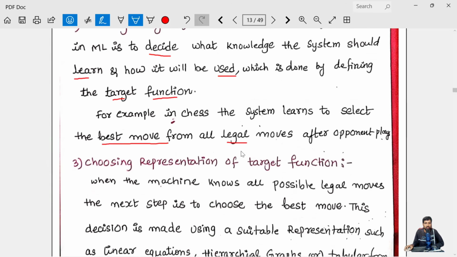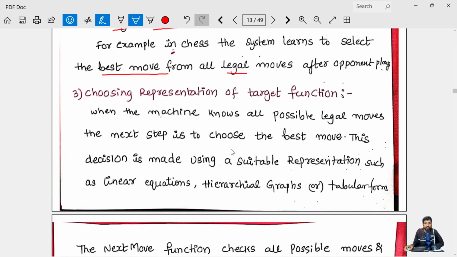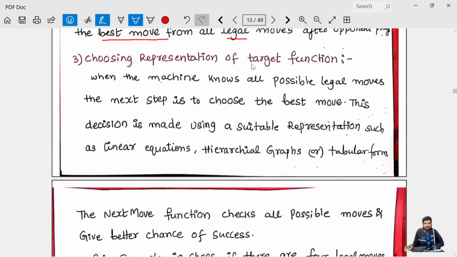Let us go now to the third one. You can see on the screen, it is choosing a representation of target function. When the machine knows all possible legal moves, the next step is to choose the best move.